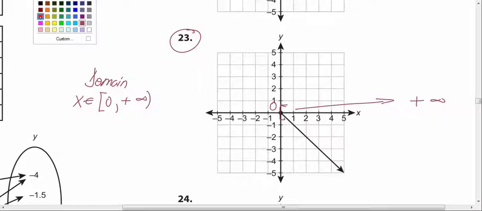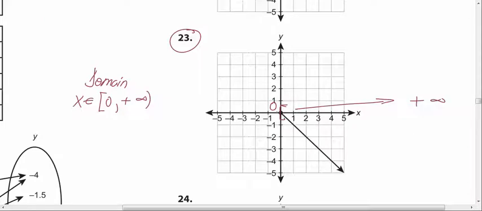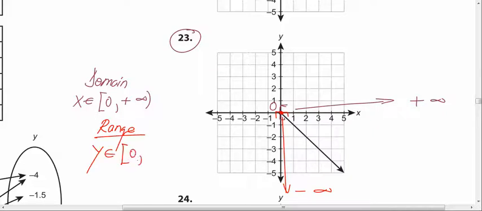And then the range. What do you notice with the range? Y, right? The output goes from 0, including 0, right? Because there is a full dot in there, down to negative infinity. So your range, y, will be anything from 0 to negative infinity.